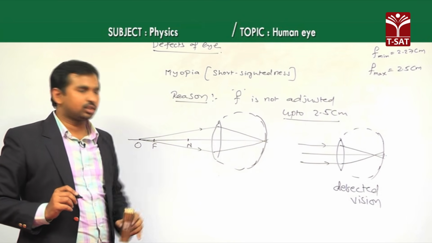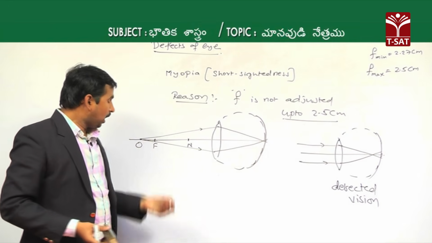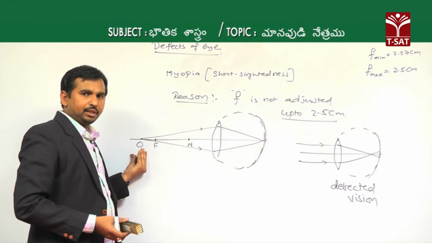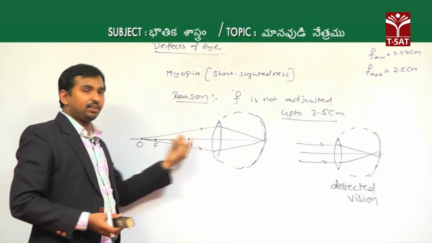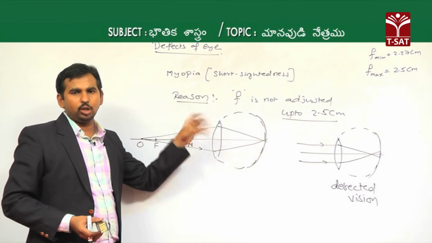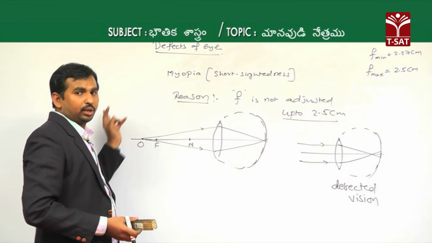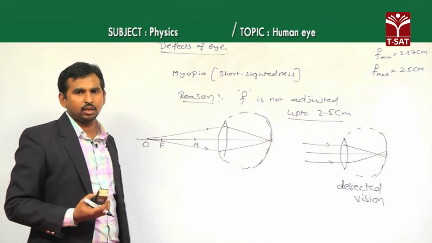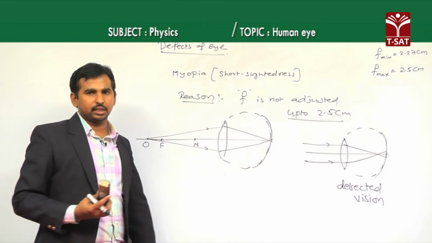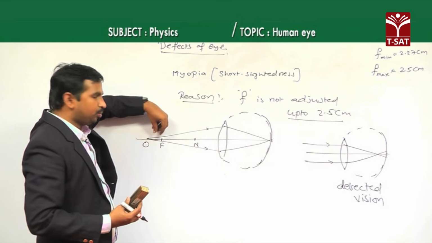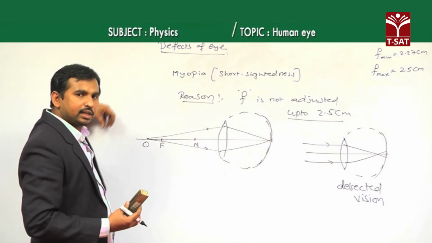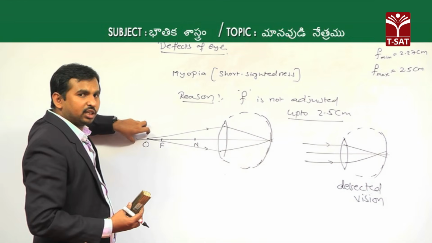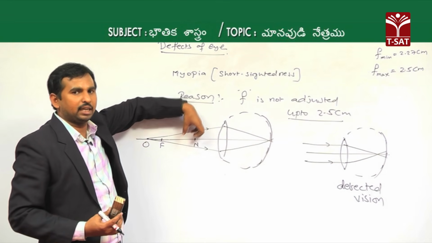But if you see the correction here, correction is very simple. As the object can be seen if it is in between f and n there. The only problem is once the object is going away after the f there, we are getting the problem here. Okay. So that is why what we are doing for correction is, we are making the object which is placed outside f, we are bringing the object to be in between f and n.